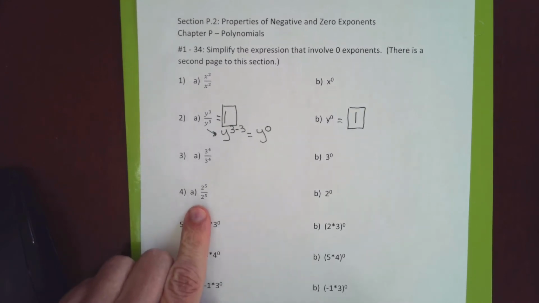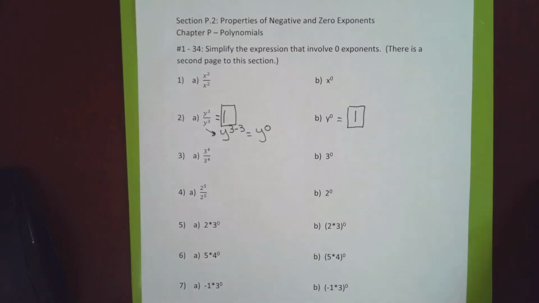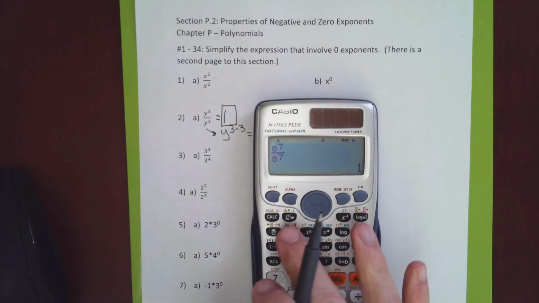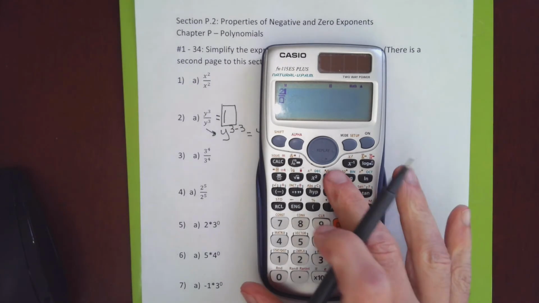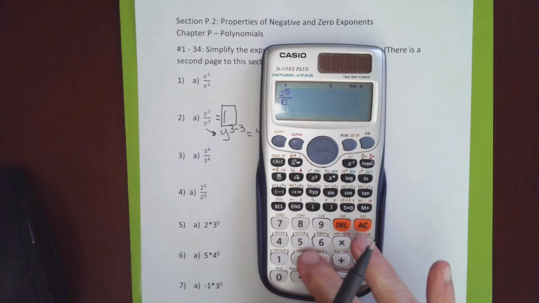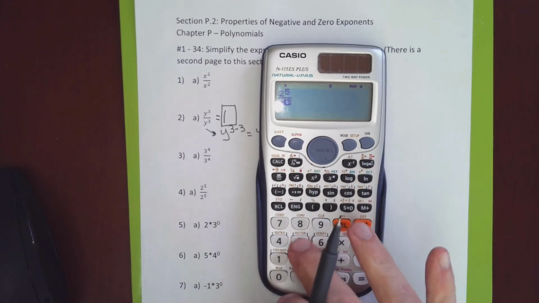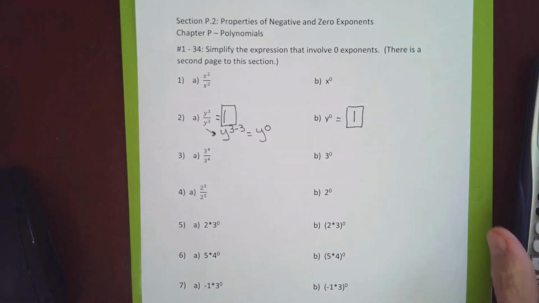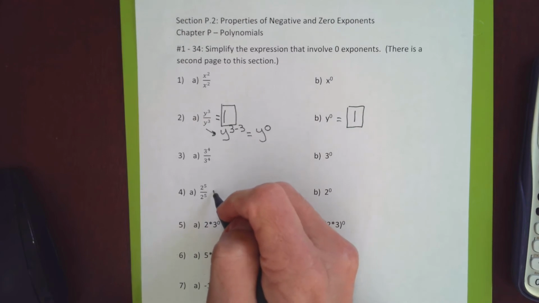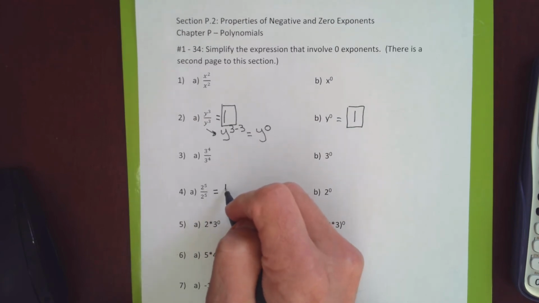Similarly, I'm going to do 4a two ways. 4a I could do on my calculator. 4a is 2 to the 5th power over 2 to the 5th power, and that's equal to 1. Clearly, anything divided by itself is 1. The answer to 4a is 1.